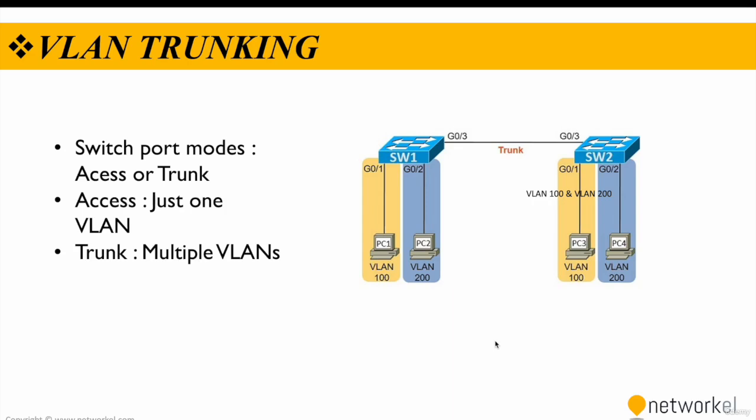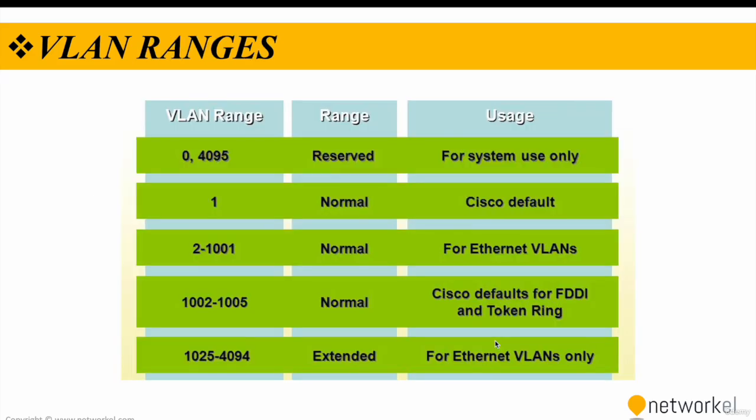Frames traveling through a trunk port have VLAN tags added by the sending switch and are identified accordingly by the receiving switch. A typical use case for a trunk port is to connect switches together, allowing them to share VLAN information and traffic.